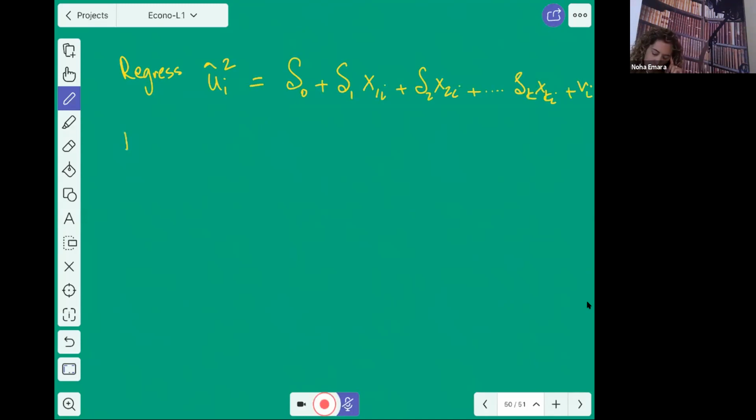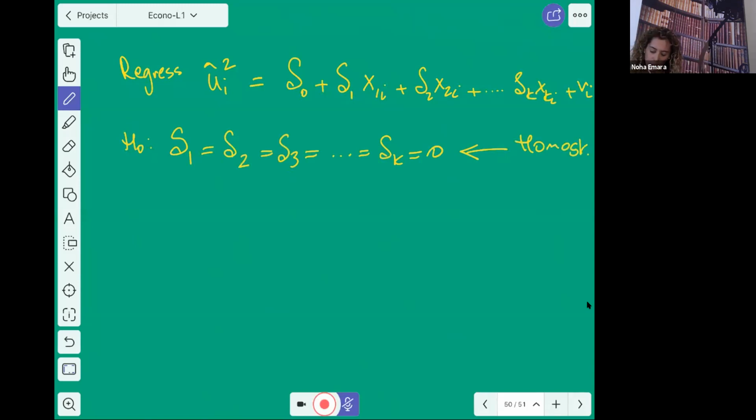My null hypothesis is simply saying that there is no connection between the x's, or the regressors, in the model and the variance of the error term. So there is no connection, so this one has to be 0, and this one has to be 0, and this one too. This is telling me no connection, homoskedastic.